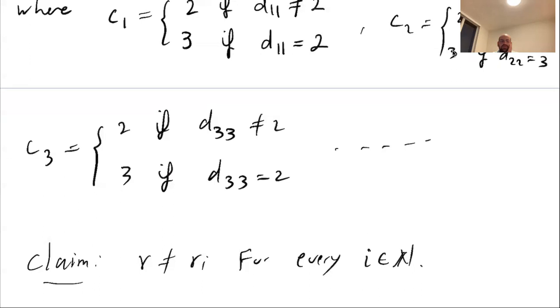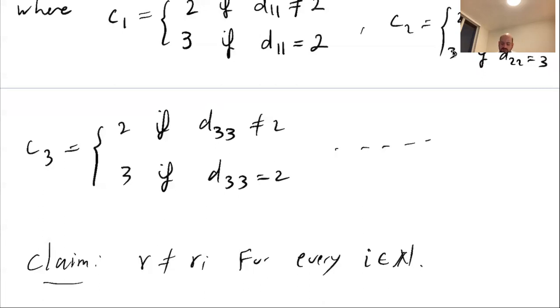So I know it's a little bit tricky and complicated idea, but if I want to simplify it, I want to show that R is not equal to Ri for every i. So first, let's see why R and R1 are not equal. R and R1 are not equal because their first number after decimal are not the same.